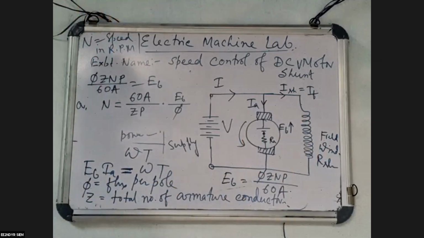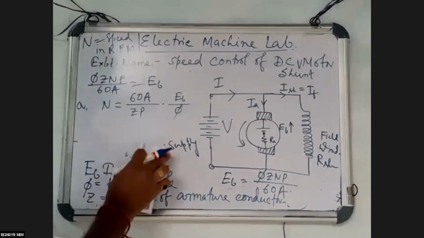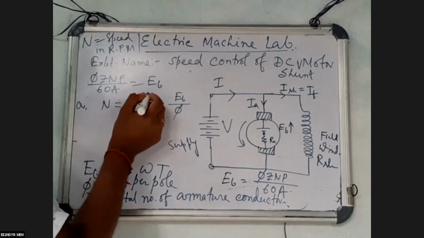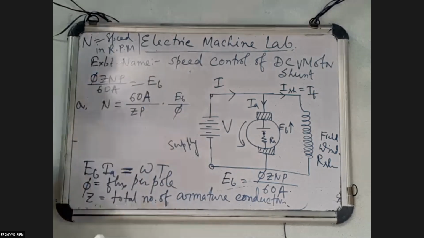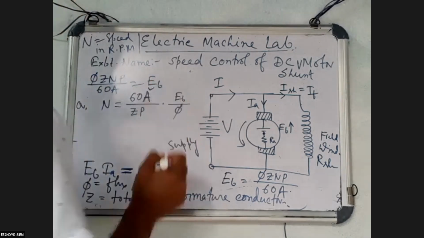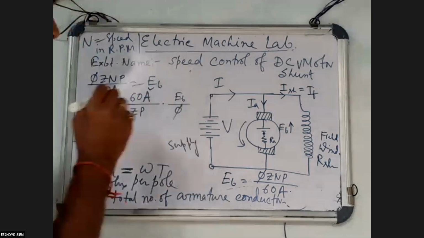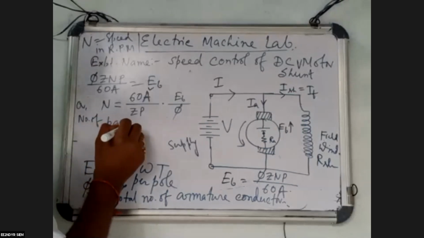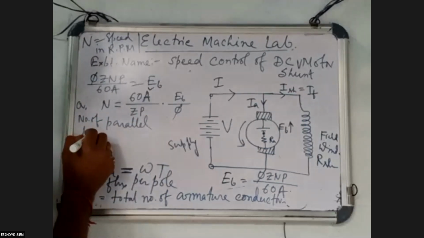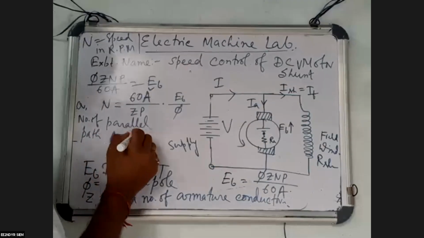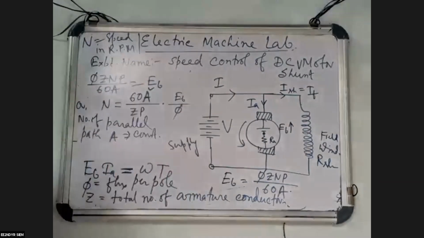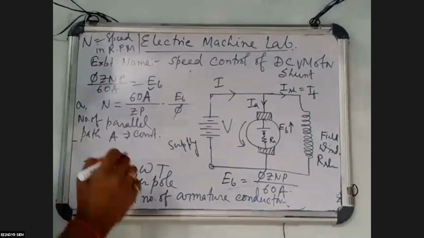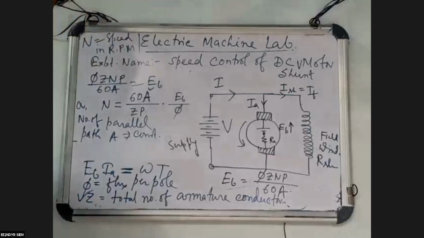Now you see, number of parallel paths, this is A. This A is a constant term. Number of armature conductors Z is also a constant term.